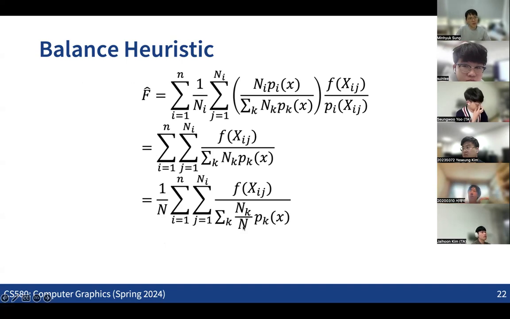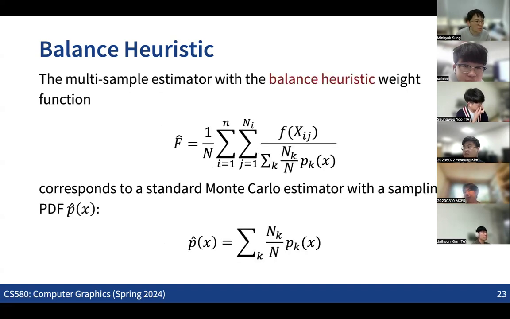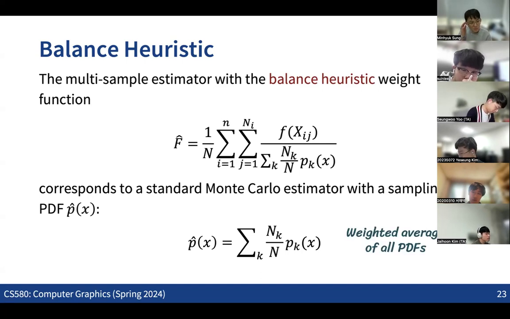After we rewrite everything, this becomes the standard Monte Carlo estimator, with another PDF that looks like this, which is a weighted average of all the PDFs that we have. So this is a very simple idea of adapting the weighting based on the PDF.